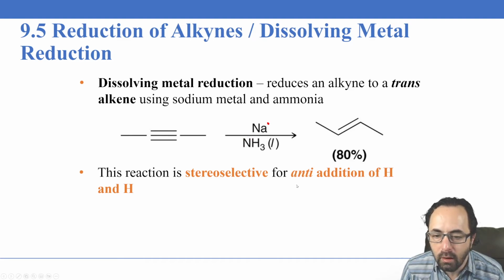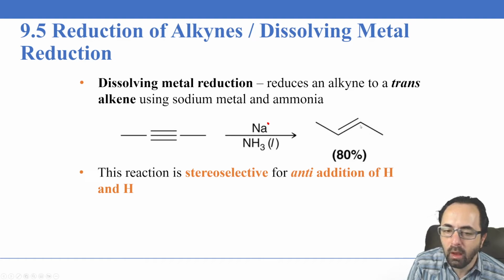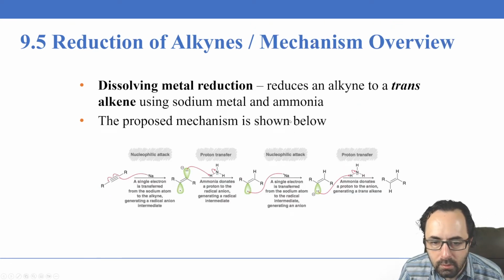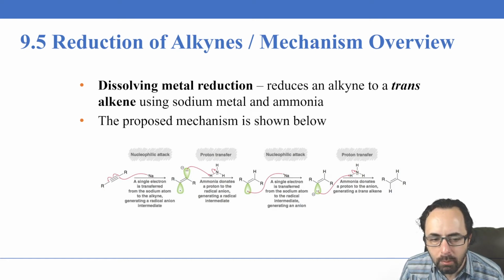This is stereoselective for the anti-addition, so we get the trans product here, where the hydrogens have added in the anti configuration this time. And this is going to be our first exposure to a radical mechanism. We're going to see a lot more of this in the next chapter.